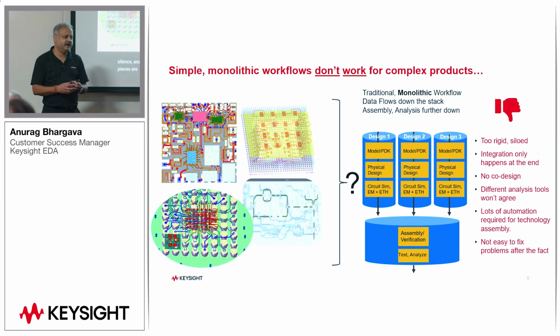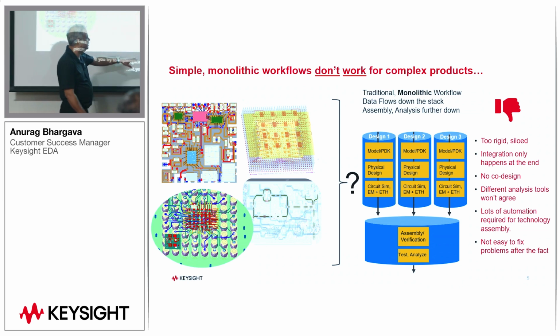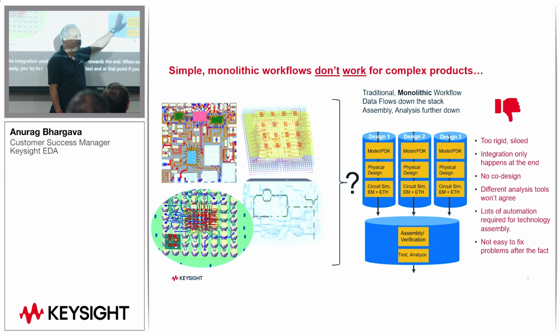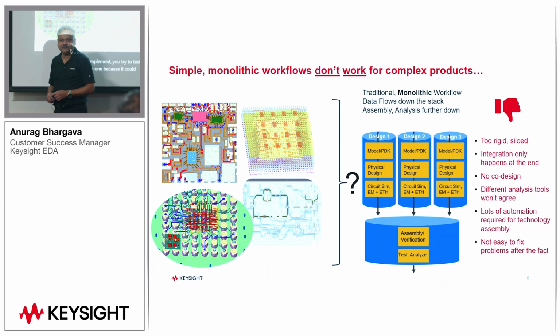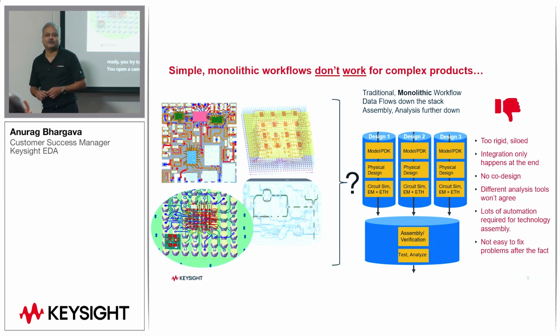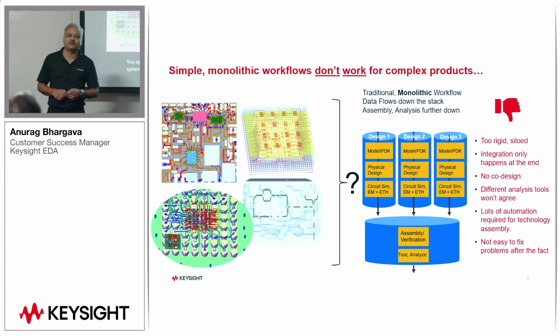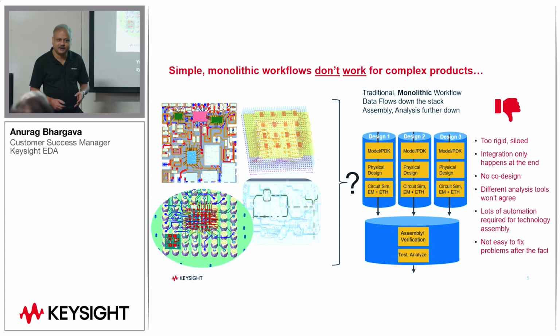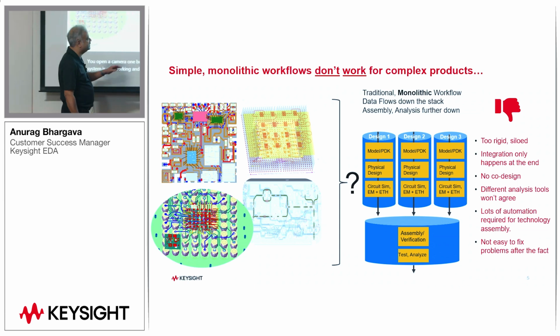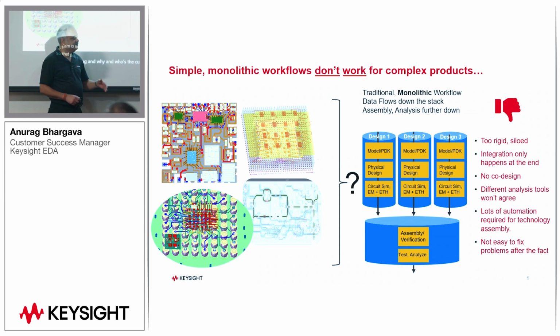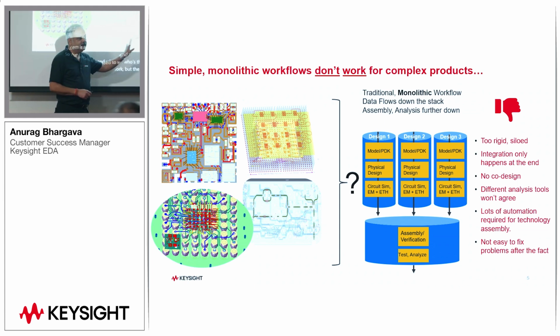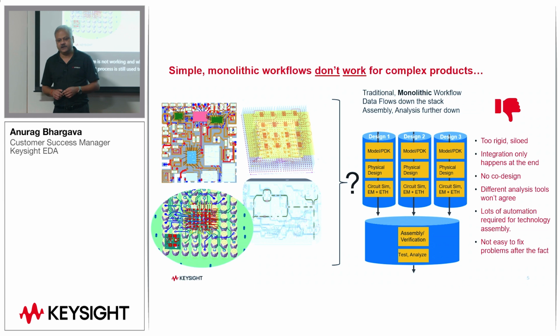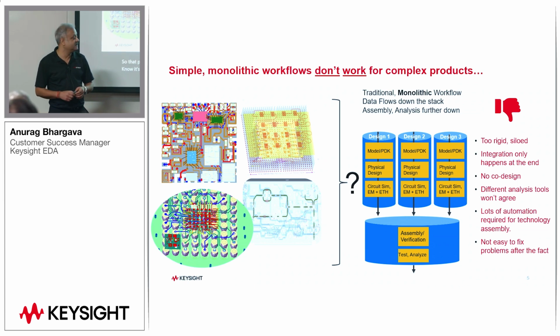And the integration used to typically happen towards the end when each of these pieces are ready. You try to integrate, you try to test. And at that point, if you have a problem, then you open a can of worms, because it could lead to fights between different teams over whose system is not working and why, and who's the culprit. So that process used to work, but the way technology is moving, it's unsustainable if you approach product design in that manner.